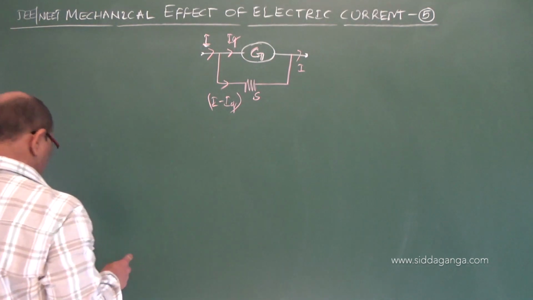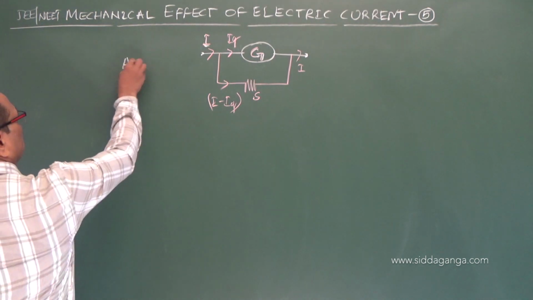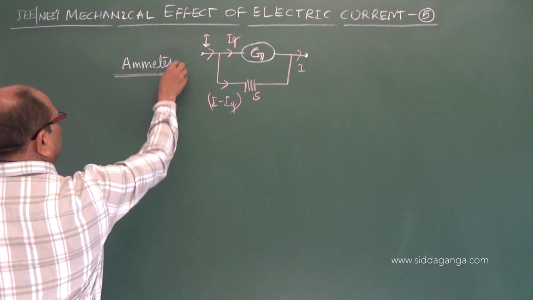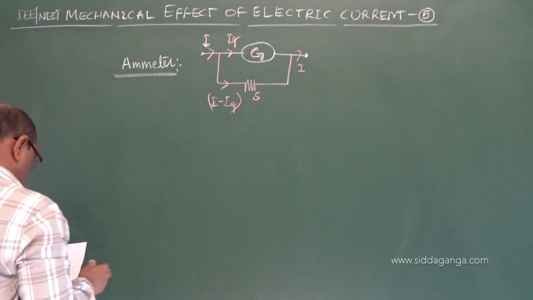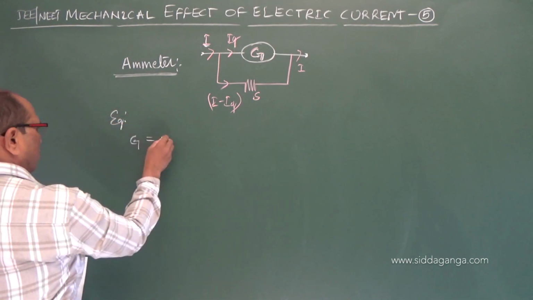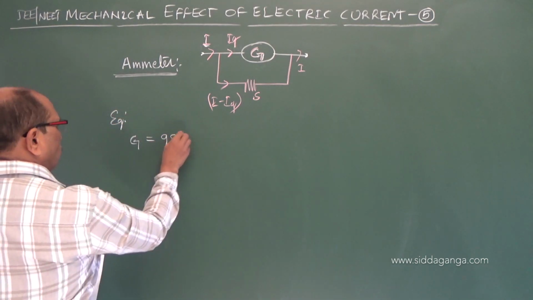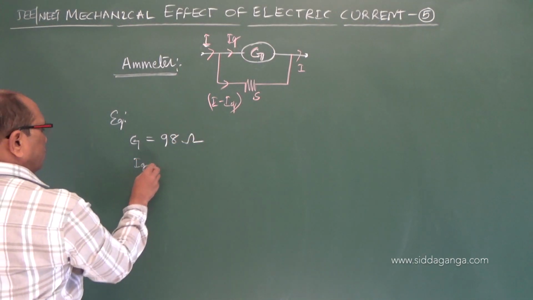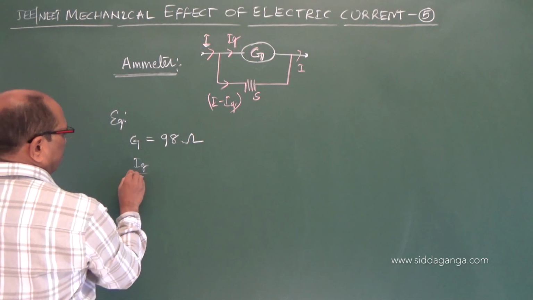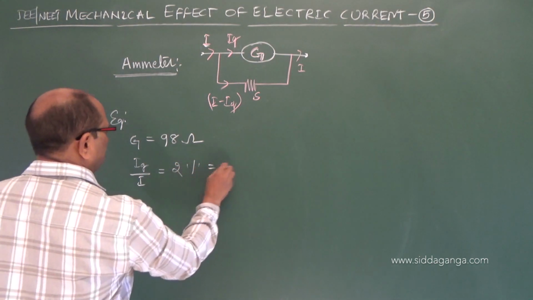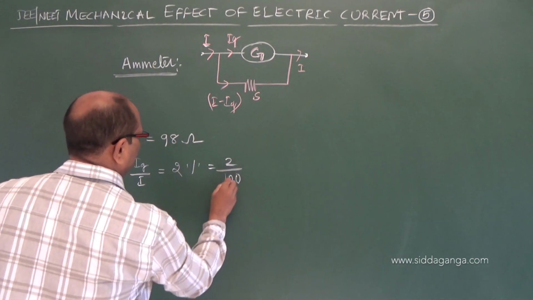Let's take another. This is the question I have taken where we discuss about ammeter. So you are given the galvanometer resistance 98 ohm and Ig by I, they given 2%, that means 2 by 100.